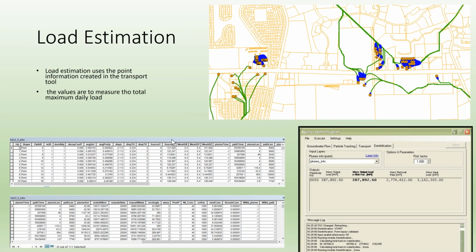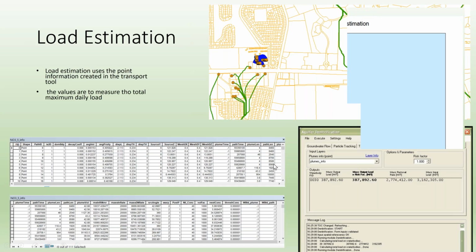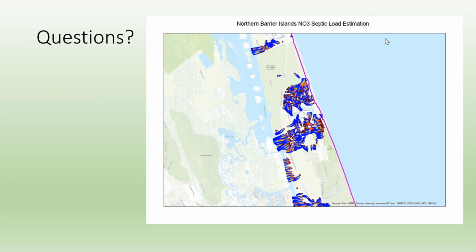But if done correctly, you have the points that you could run through the load estimator that will give you more accurate and defined information based on that point itself.